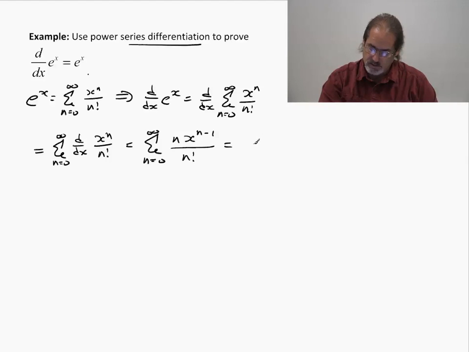So this is going to be equal to the sum, n equals 1 to infinity, of n times x to the n minus 1 over n factorial.